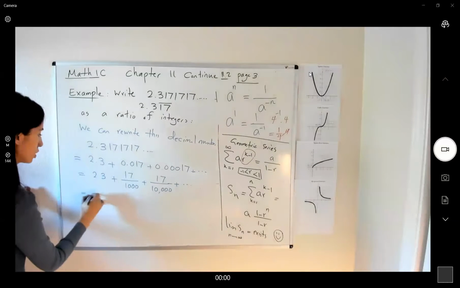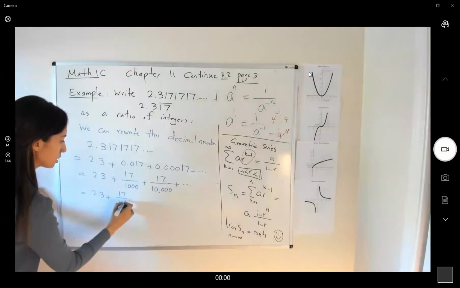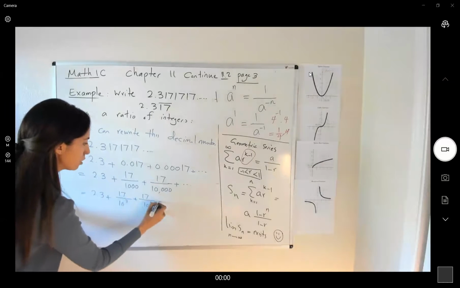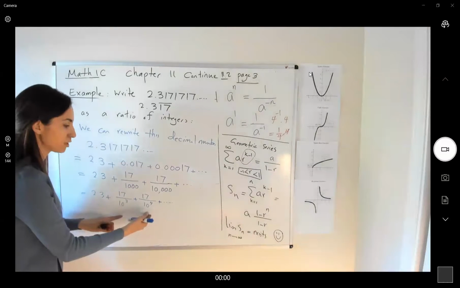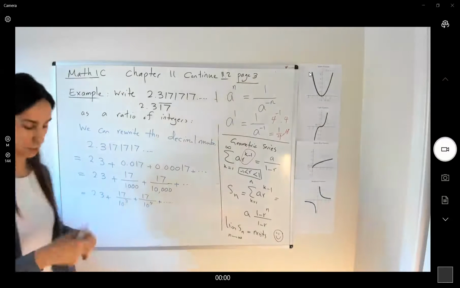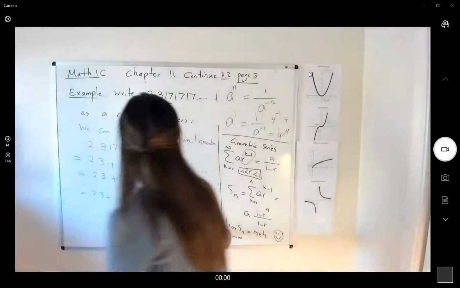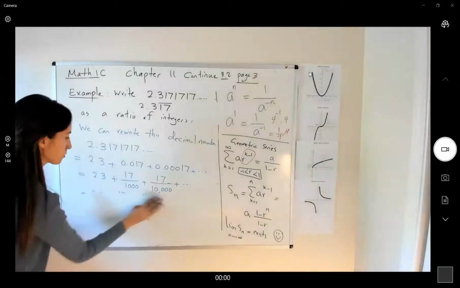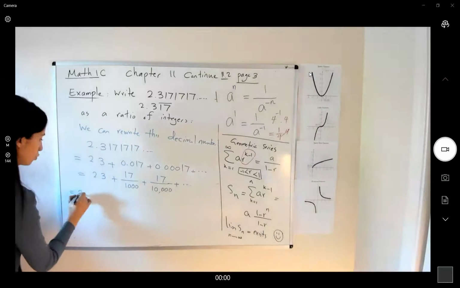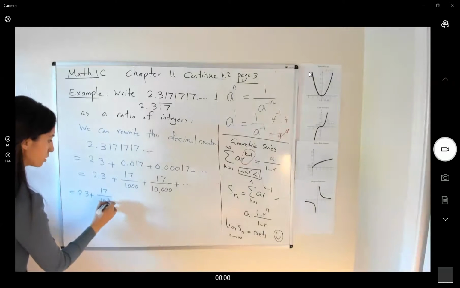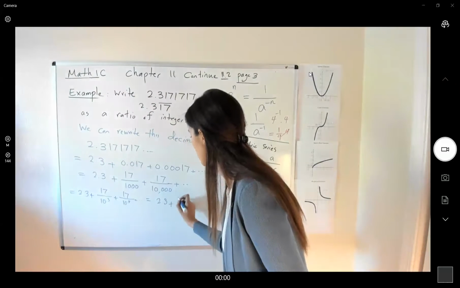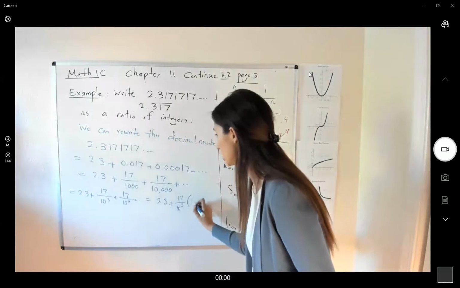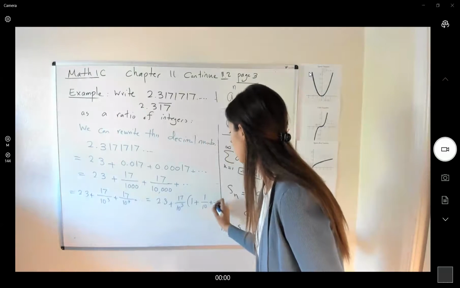So here you have 2.3 plus 17 divided by 10 to the 3rd, plus 17 over 10 to the 4th, plus the rest of the things. What I'm going to do is factor out 17 divided by 10 to the 3rd. So I get 2.3 plus 17 divided by 10 to the 3rd, times 1 plus 1 over 10 plus the rest.